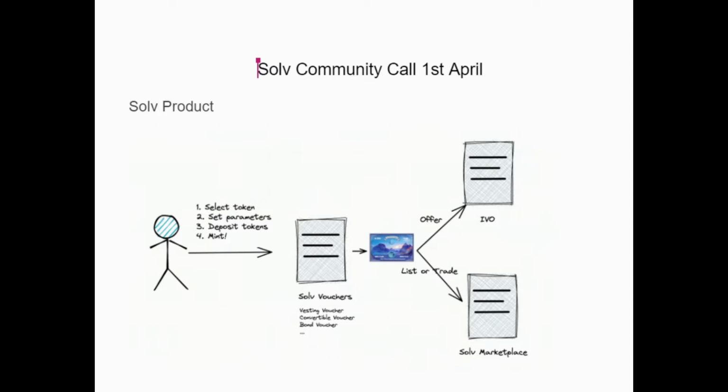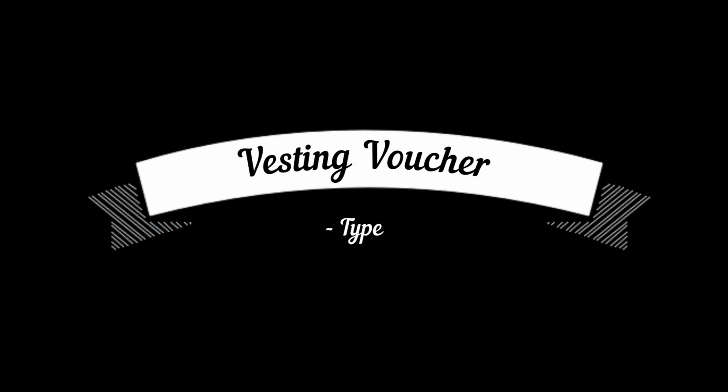So very simple. You understand how our product lines work, and then I'd like to explain a little bit about the different kinds of Solv vouchers. The first one is vesting vouchers. For the old users, you must be quite familiar with the vesting voucher.